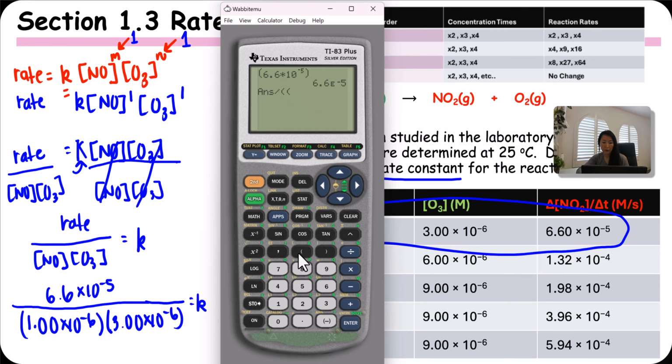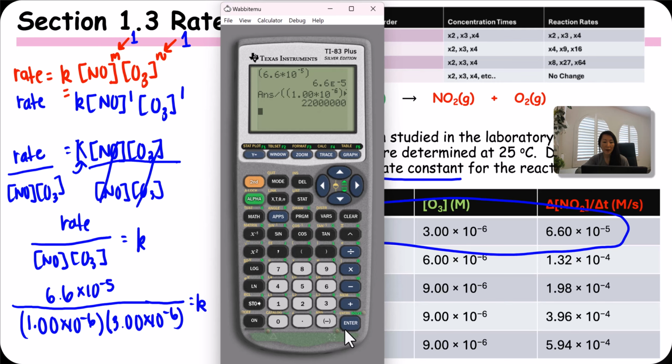So 1.00 times 10 to the negative 6, and open up another parentheses, 3.00 times 10 to the negative 6. Close the parentheses, and you're going to parenthesize again to close the whole thing.